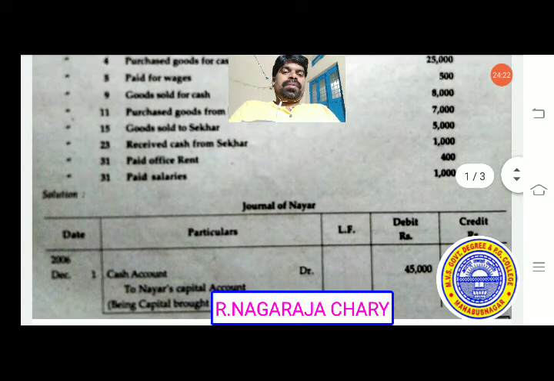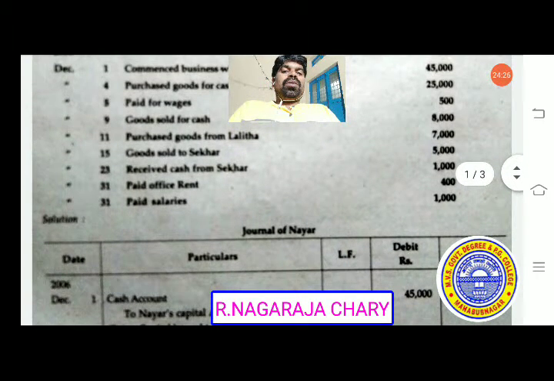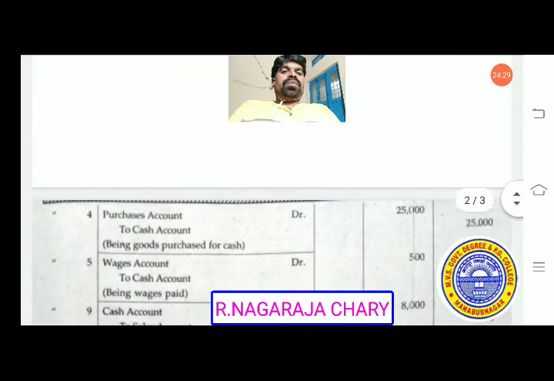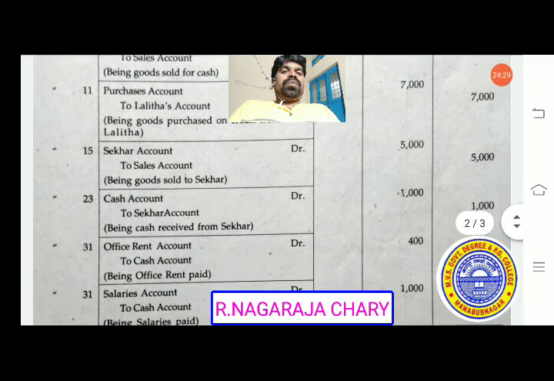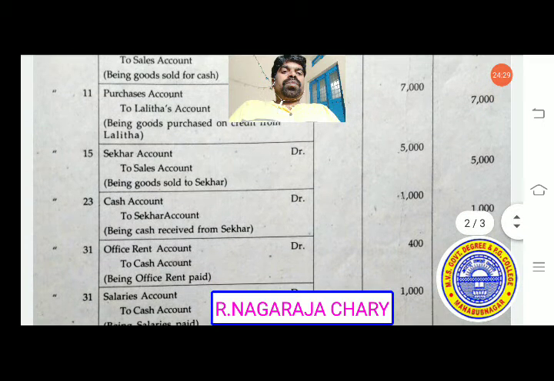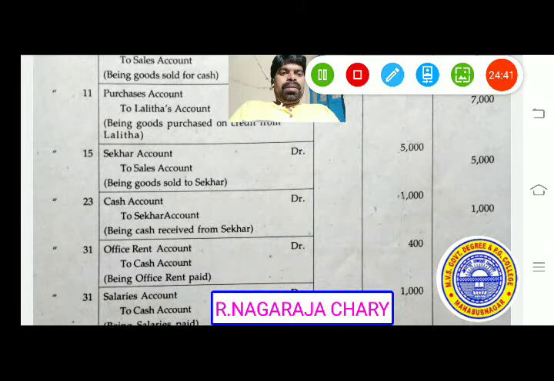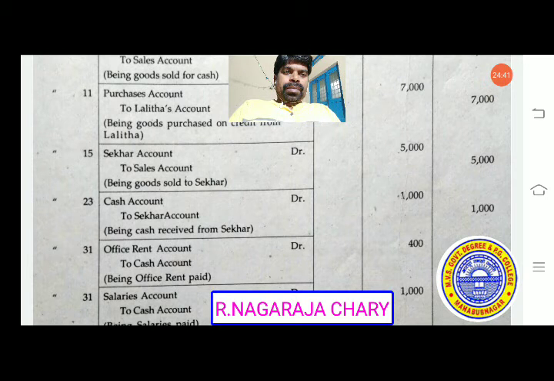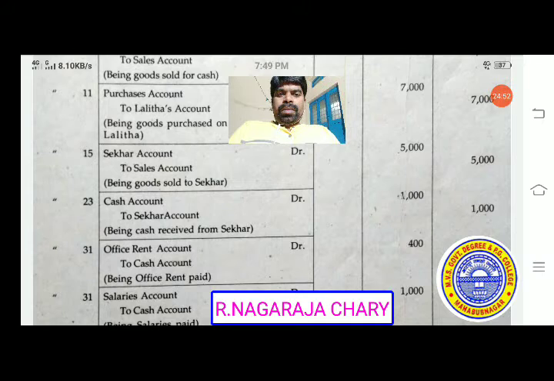Next, on 15th, goods sold to Shekhar, 5,000 rupees. Here we see both the aspects will be equal always.